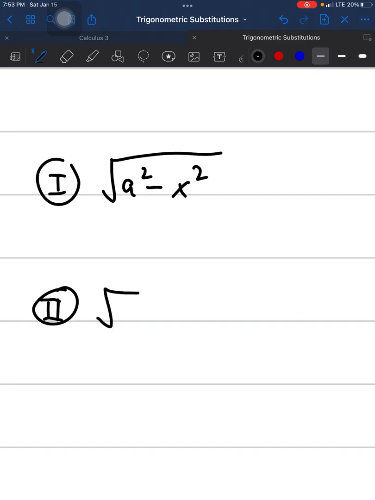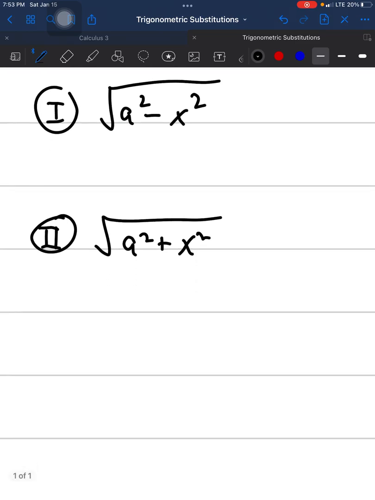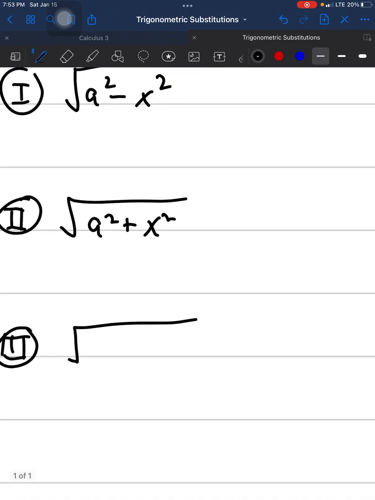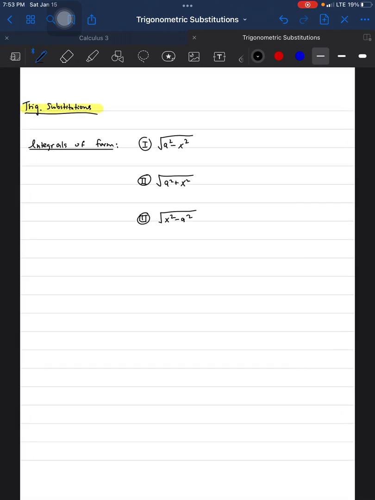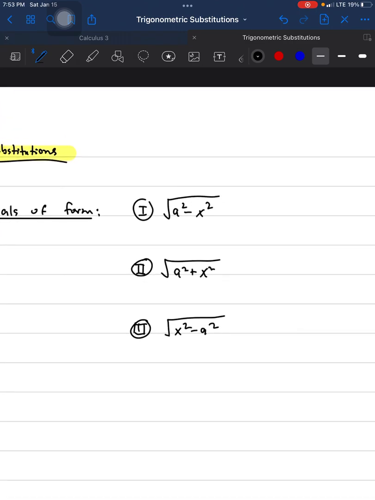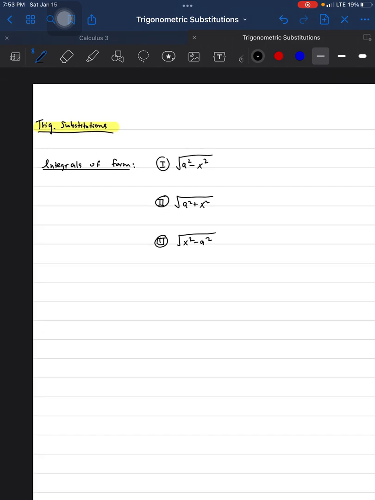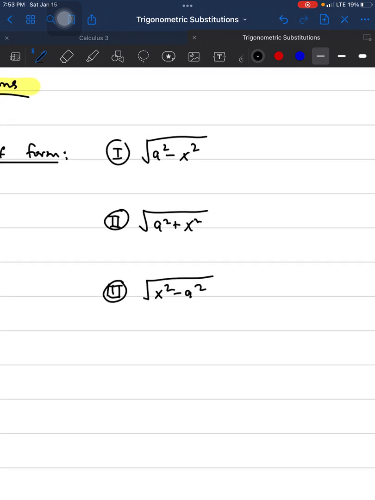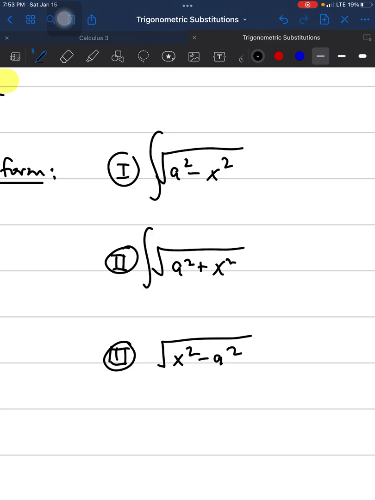This is one of the cases. The second case is a squared plus x squared. And the third case is x squared minus a squared. So whenever we have integrals of this kind of form, we can use trigonometric substitutions.